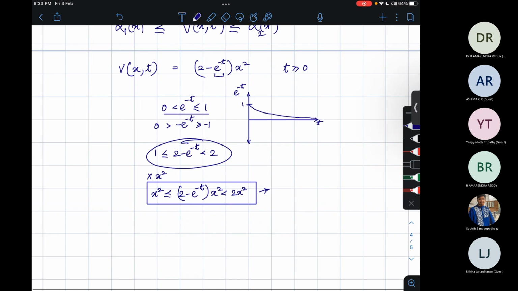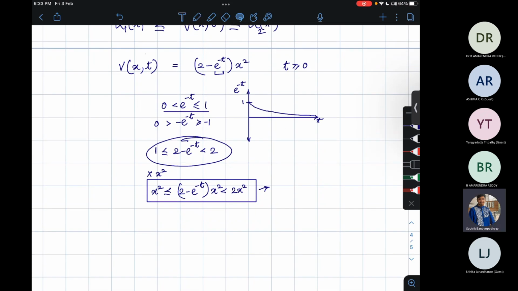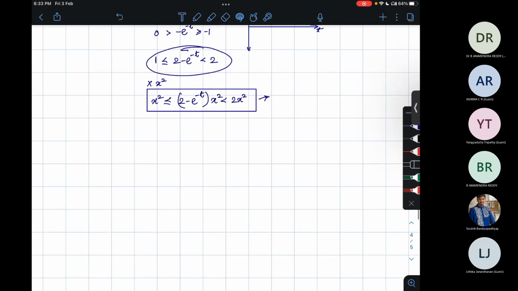Now if you look at the original Lyapunov function, I can write it like this.